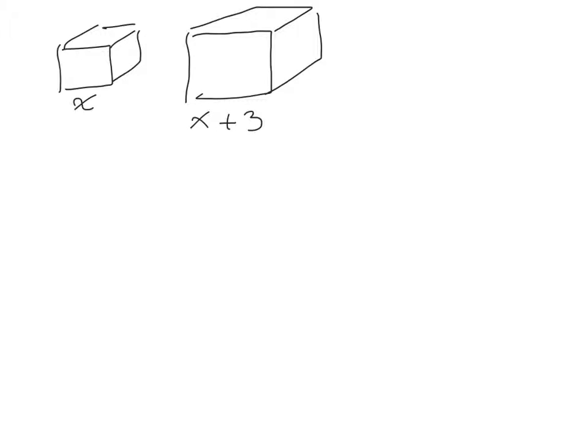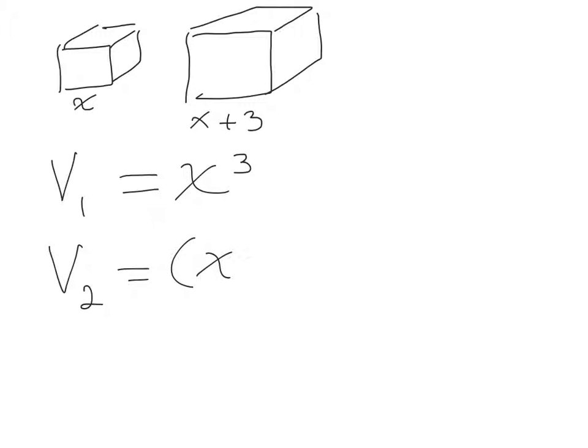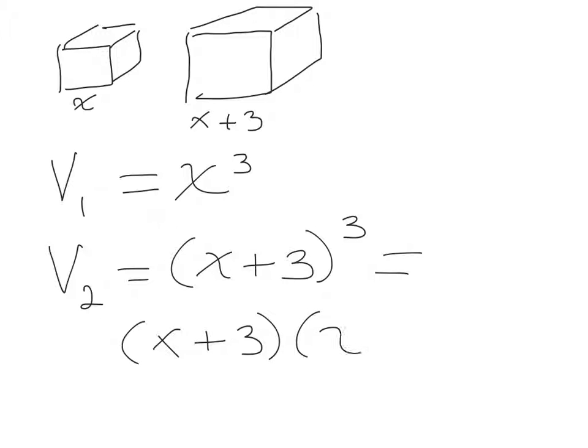So the original volume, the volume 1, let's say, is just simply x cubed, but volume 2 is x plus 3 cubed, which is x plus 3 times x plus 3 times x plus 3.